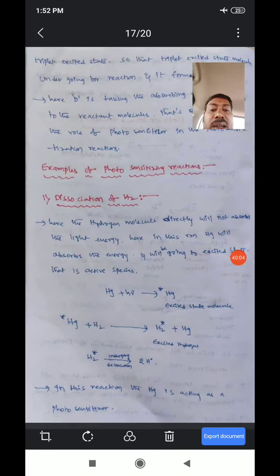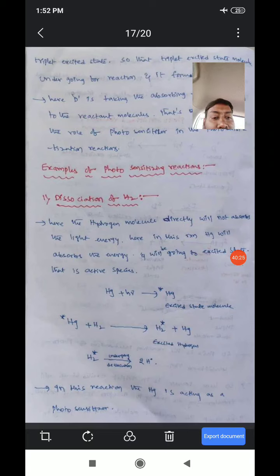So here are examples of photosensitizing reactions. First, the dissociation of H2. Here the hydrogen molecules do not directly absorb the light energy.